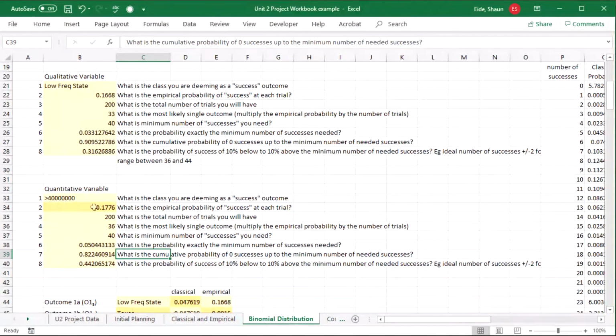And then once again, if we want to know what is the probability that 40 or less states or companies with revenue greater than 40 million are going to be polled, we've got an 82.24% probability that that's going to happen.